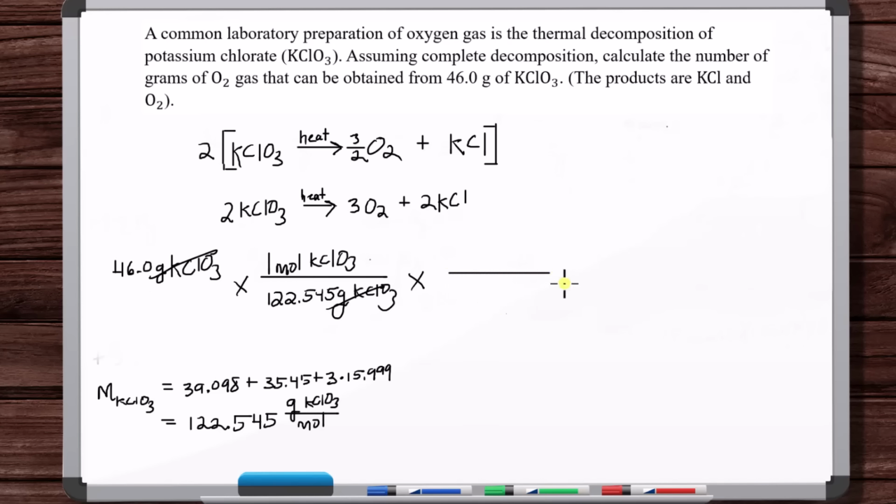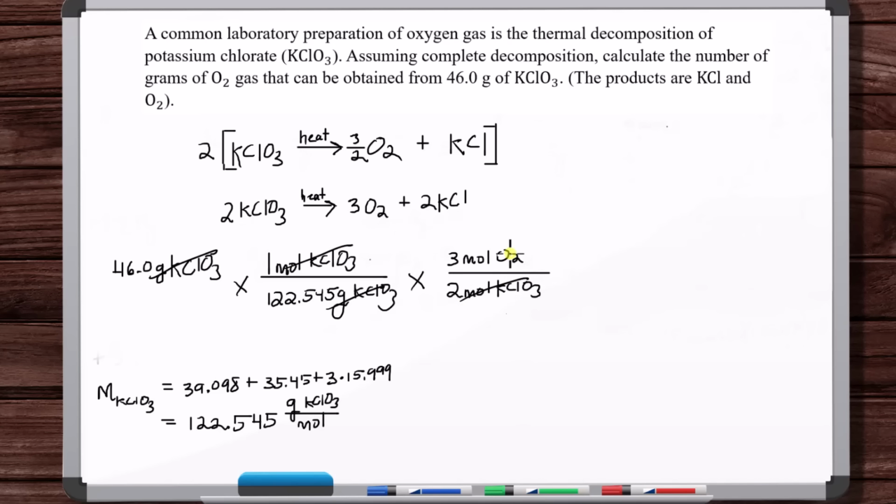According to our chemical equation, for every 2 moles of KClO3 consumed, 3 moles of O2 are produced. And that's what we're looking for, O2.